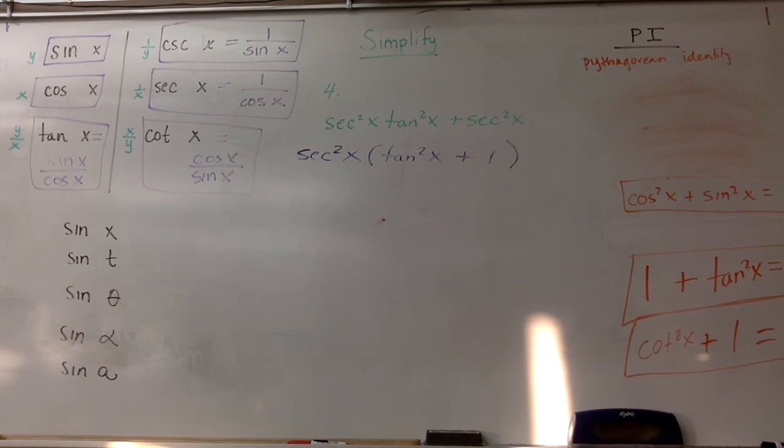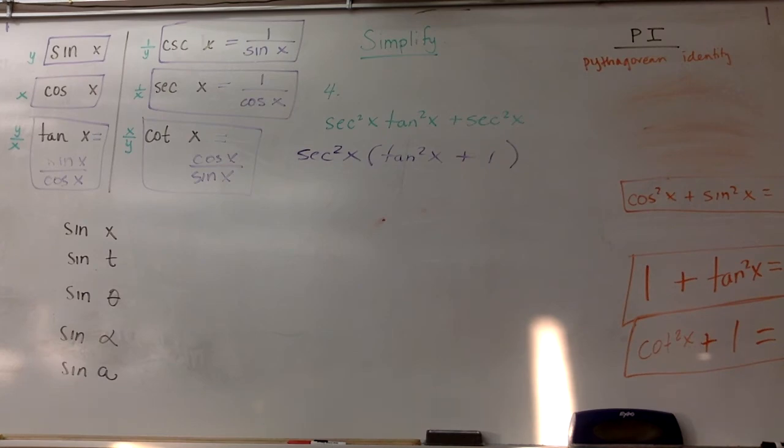All right, so those of you whose brain goes 100 miles an hour, what do you see on the board that's going to simplify the purple? What is tangent squared x plus 1 known as? Second Pythagorean identity. What can I replace 1 plus tangent squared with? Secant squared.